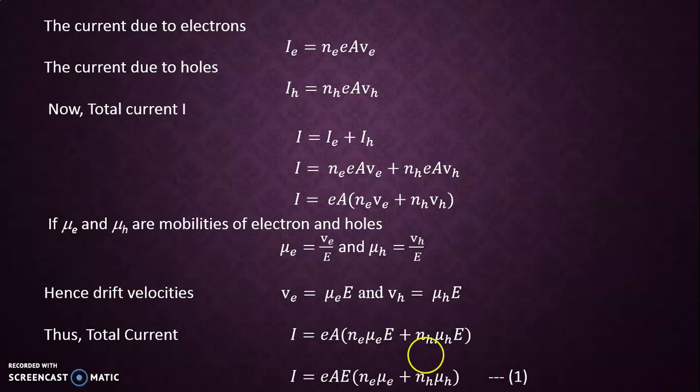Again in this equation, this E is also a constant because it is the electric field which is generated in the semiconductor. It will be the same, so we'll take it common. So current becomes e into A into E in a bracket n_e into mu_e plus n_h into mu_h. Let this be equation number 1.